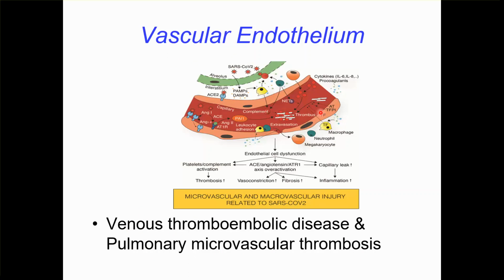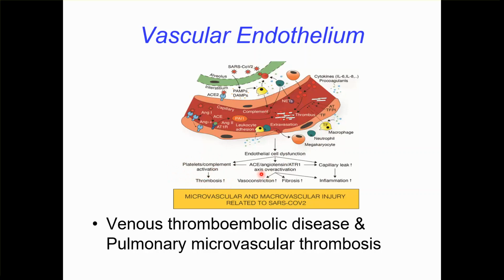So here in the blood vessel, it has caused thrombosis, extravasation, and endothelial cell dysfunction. So you can see extravasation of all these megakaryocytes, the neutrophils, macrophages, all this has come out, and there is platelet complement activation, increasing thrombosis.